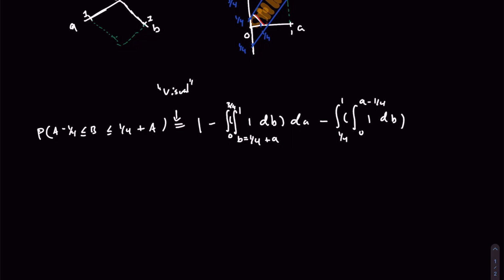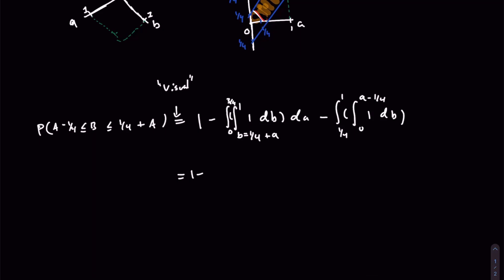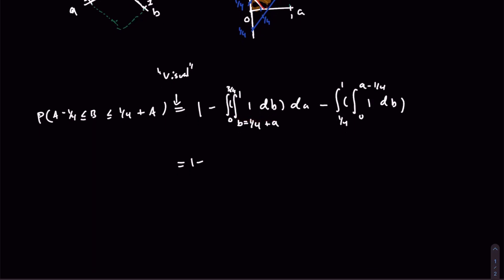Now it's time to calculate this thing. So 1 minus, and let's start with the inner, as I said. Here we have b from 1/4 plus a up to 1, integrated from 0 to 3/4 dA.